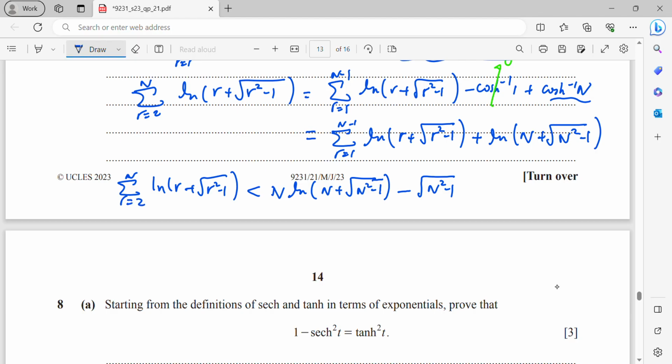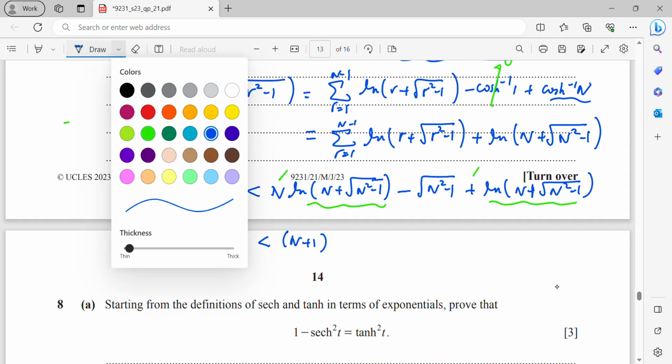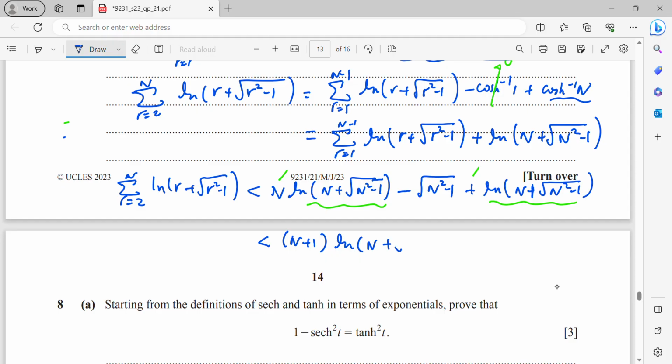So this is n. Then after that I plus the ln n plus square root n squared minus 1. So then here will be less than n plus 1. When you look at this, here is the same. I factorize, then I will get n plus 1 times ln n plus square root n squared minus 1, and then minus another square root. Alright, so that is the solution of this question.